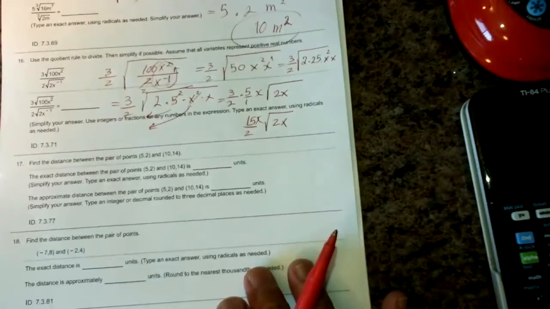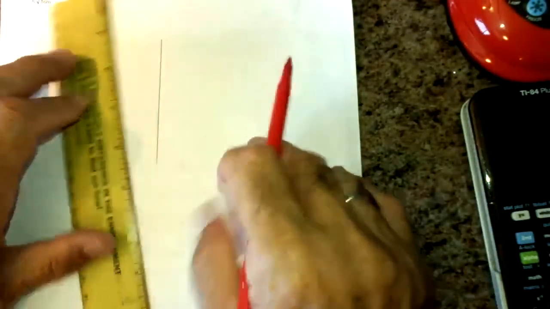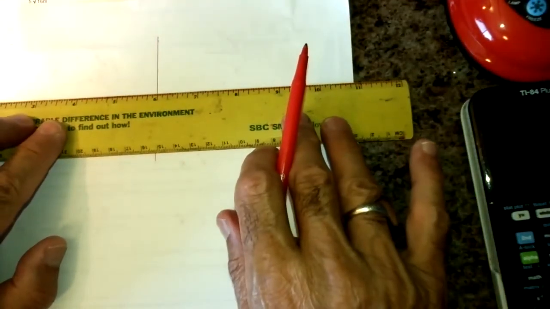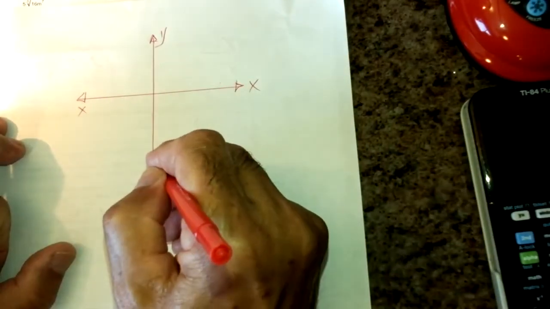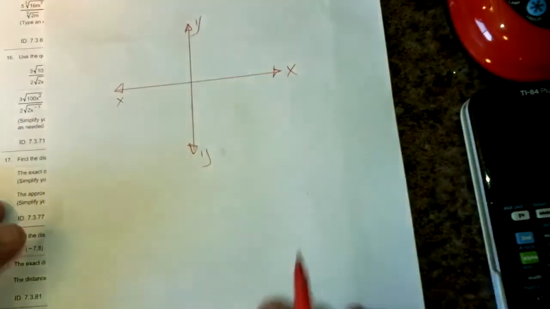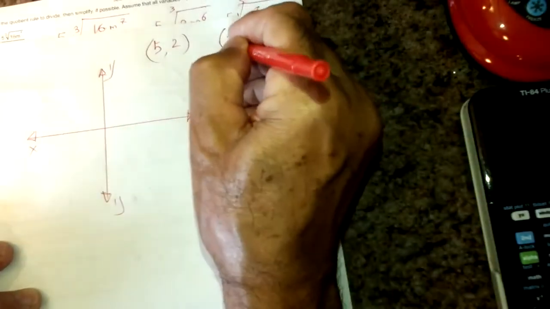Now these problems find the distance between a pair. It's kind of algebra problems where you have 2 points on the x and y axis, and the 2 points given are 5, 2, and 10, 14.